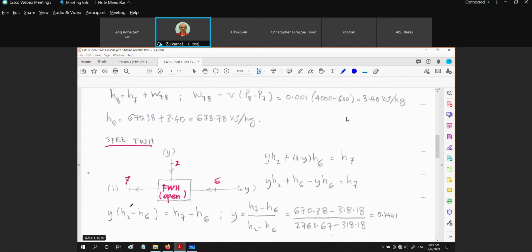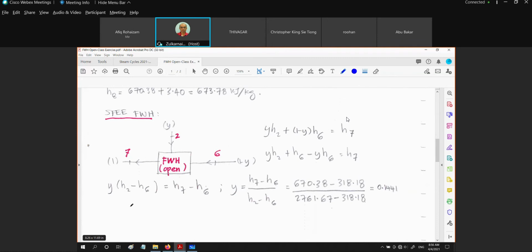And then you see your energy balance equation for the steady flow energy equation at the feed water heater. Just rearrange it, then you get your Y value. So what is Y? The final equation for Y is H7 minus H6 divided by H2 minus H6.